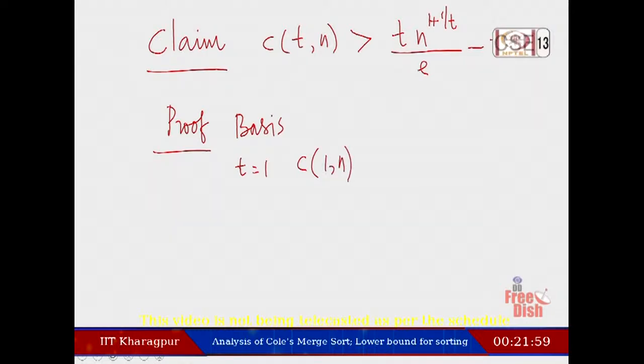Which means we have to sort n items in one single step. We can sort n items in one single step only if we perform all the comparisons at one go. Once all the comparisons are performed, that is every pair of elements are compared with each other, then the rest is only manipulating the comparison data. We don't have to perform any further comparisons.